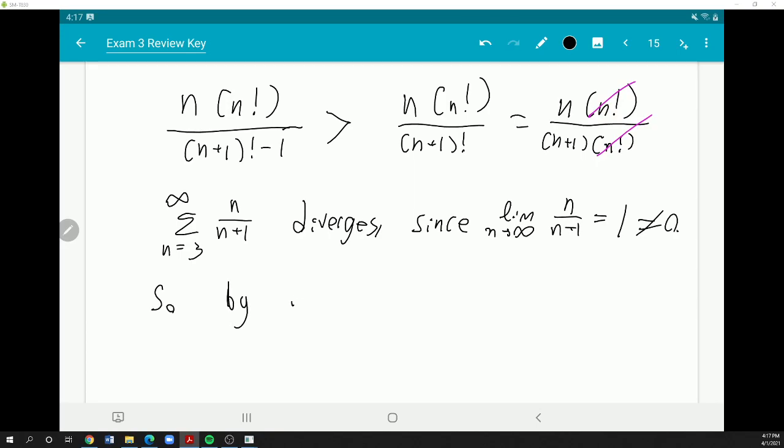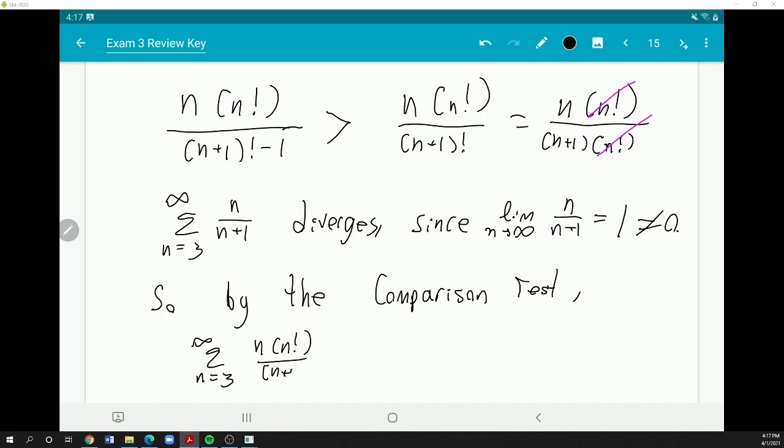So by the comparison test this time, this sum, because it's even bigger, n times n factorial over n plus 1 factorial minus 1, would also have to diverge.